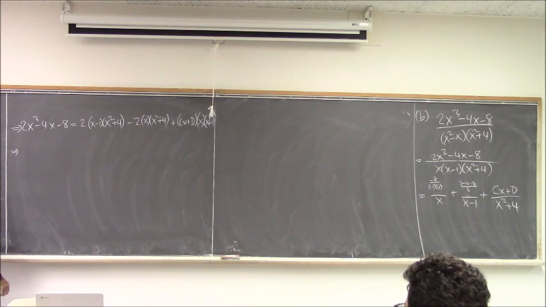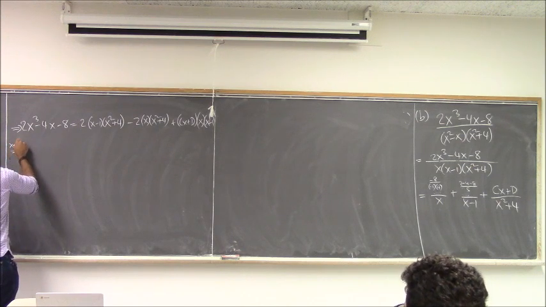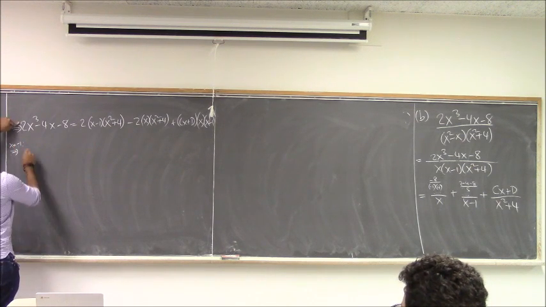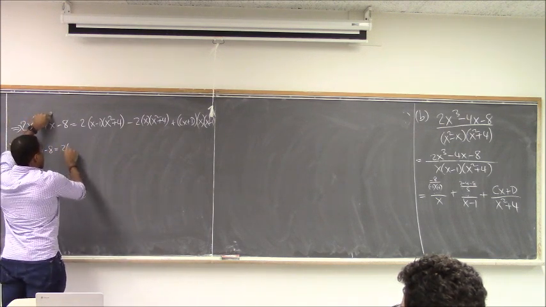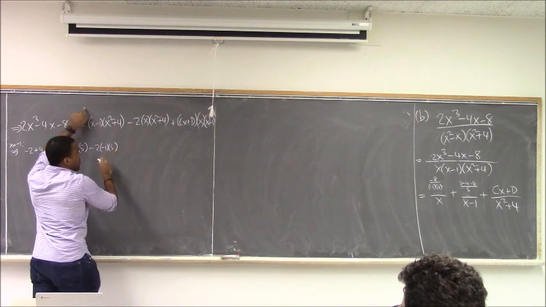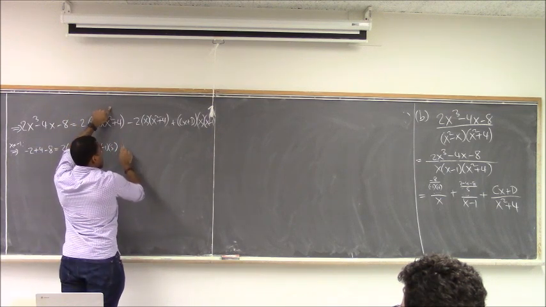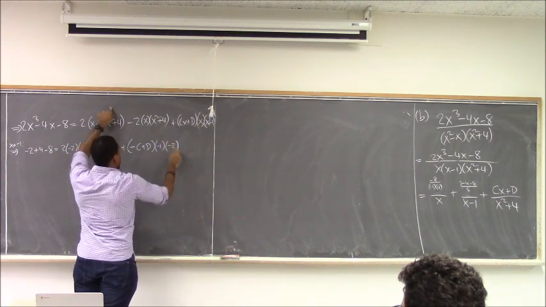How do I find the other guys? Try to plug in a -1. So this would be -2 plus 4 minus 8. For the next term, that'll be 2 times -2 times 5. For the next, that's 2 times -1 times 5. Then that's going to be minus C plus D times -1 times -2.